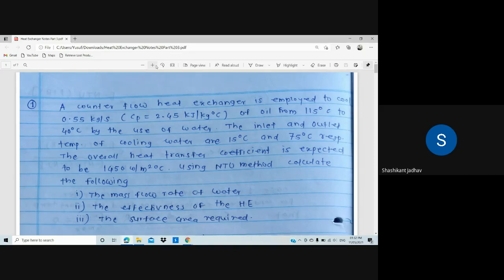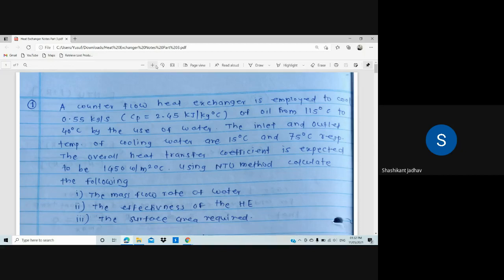Second, the effectiveness of the heat exchanger, and the surface area required.